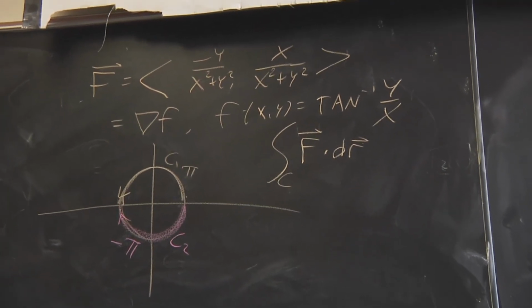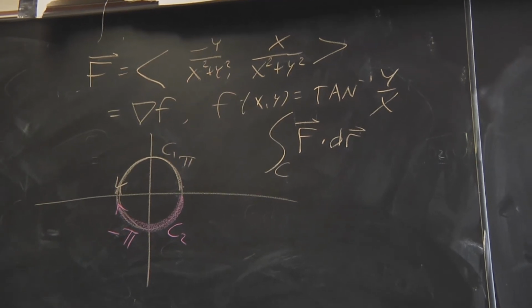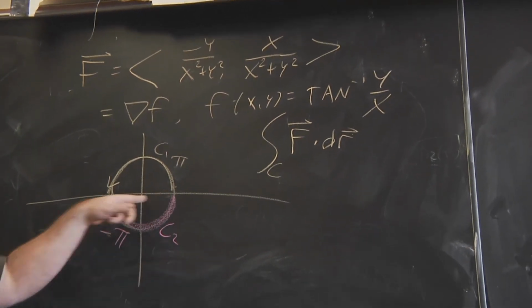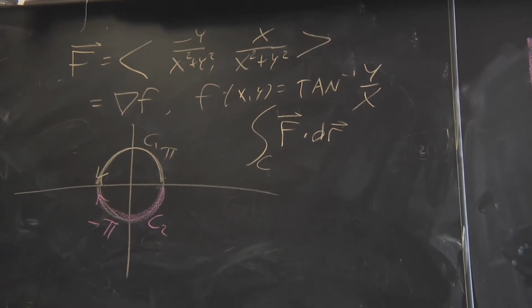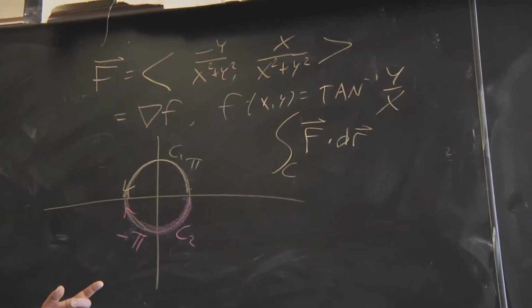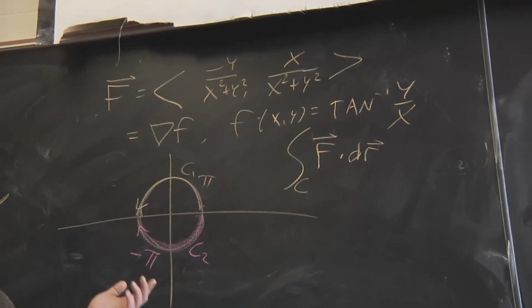Can we take another path, like right along the axis? Well, it turns out whatever paths you take from this point to this point, you're going to get different values. But this is not a contradiction. What is wrong with this vector field that could cause everything to fall apart?